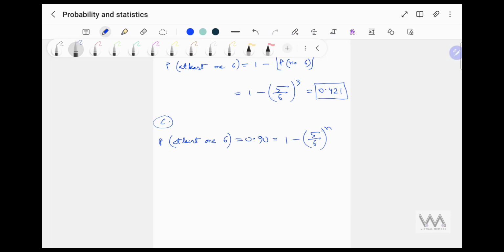If we solve this for n, we will find the number of throws that's needed to get a probability of 0.90 for at least one 6. So let's solve this.